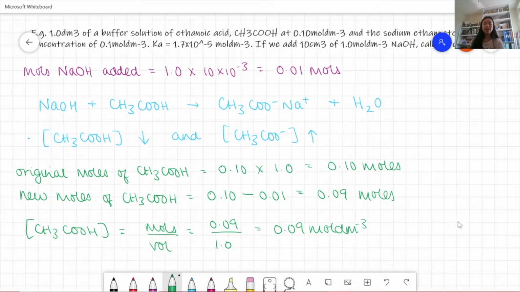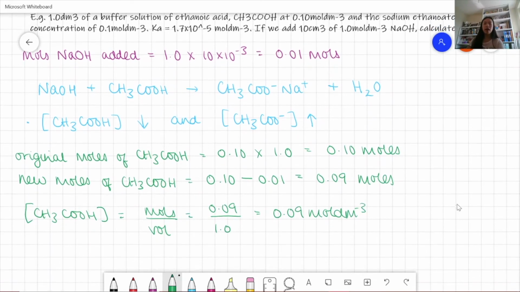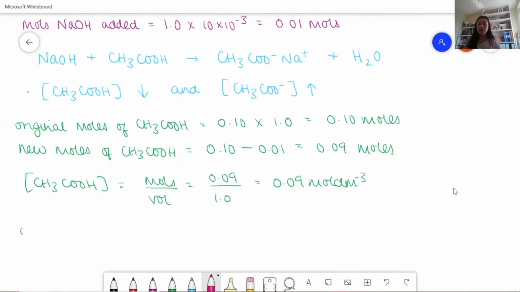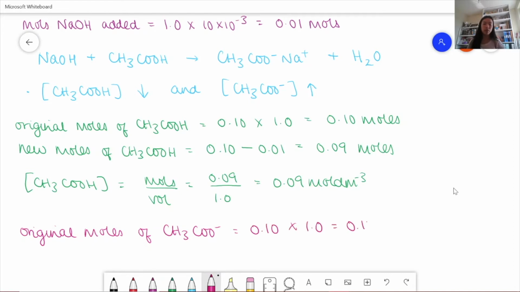And then what we do next is we do the same thing with the ethanoate. So we have the original moles of the ethanoate, and in the question it was given to us as 0.10 moles per decimeter cubed, and the volume was 1 again. So we have 0.10 times 1.0 is 0.10 moles.